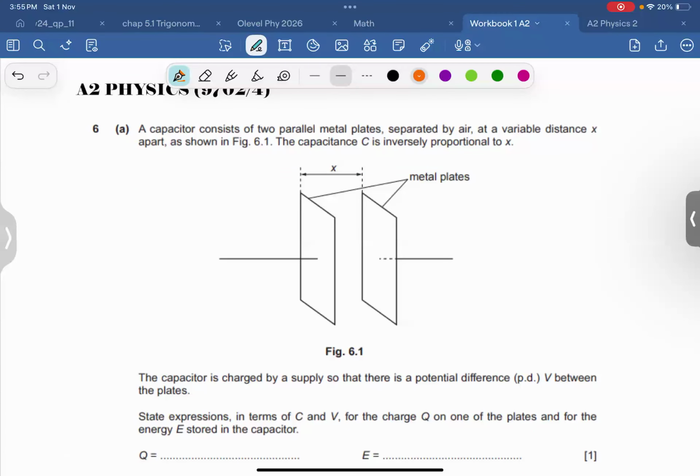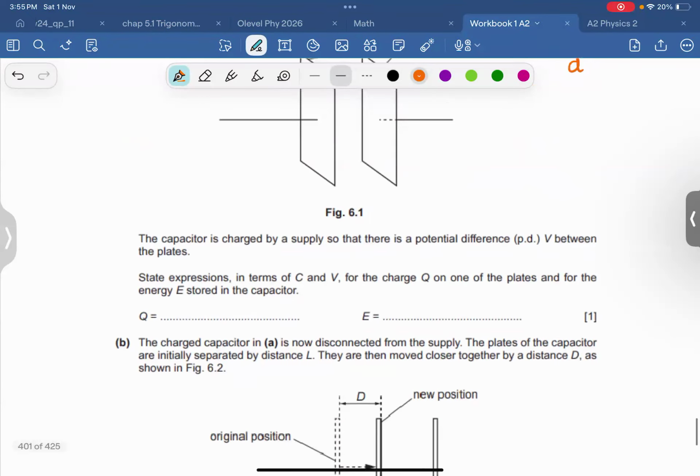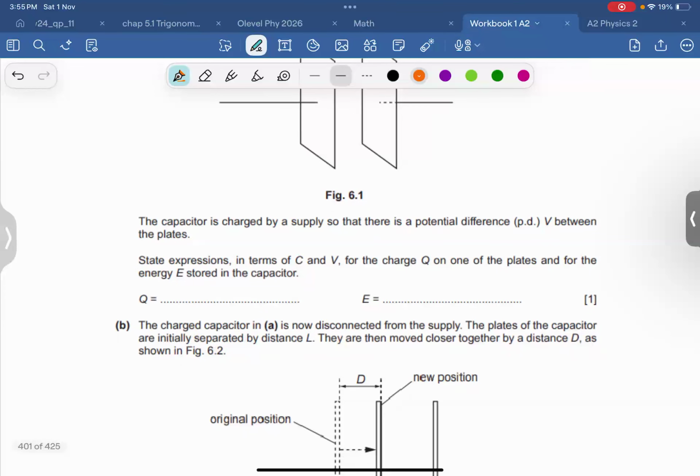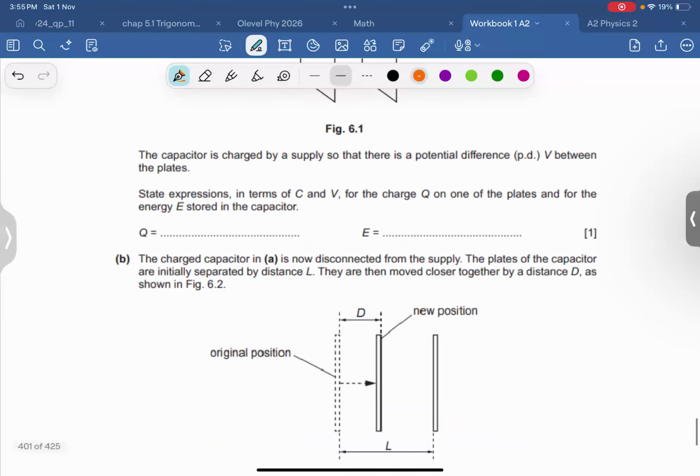Okay, we did this formula: C equals epsilon naught A over D, right? And over here, D is basically x. So what they mentioned, okay, because it's not a part of the syllabus, that's why they're mentioning it. Now, the capacitor is charged by a supply so that there is a potential difference V between the plates. State an expression in terms of C and V for the charge Q on one of the plates and for the energy E stored in the capacitor. Okay, fine.